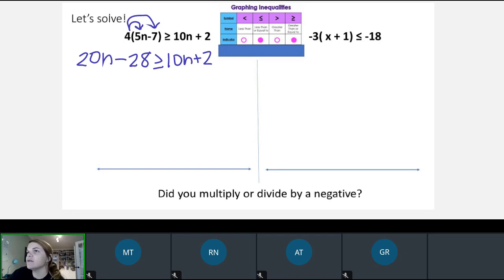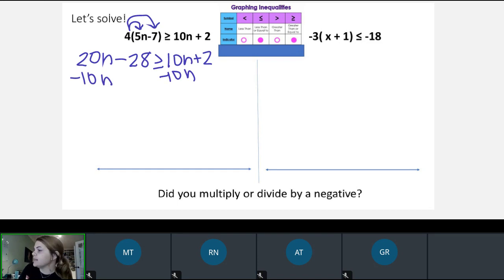So we have 20n on the left side. We have 10n on the right side. So we've got to move. I always like to move the smaller one. We're going to subtract 10n from both sides because we want to get them on the same side.